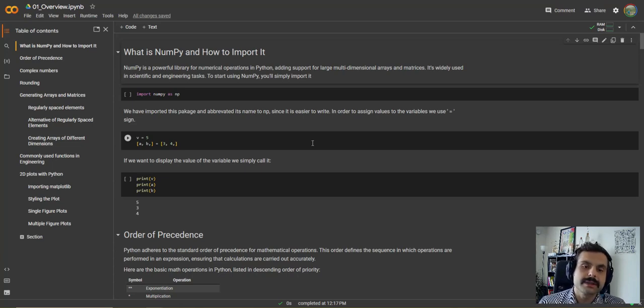And libraries are usually the mostly used functions in any language that someone has decided to put them together and give them to the user and provide them easily for them. So NumPy is one of those, but it's very powerful and it's widely used.